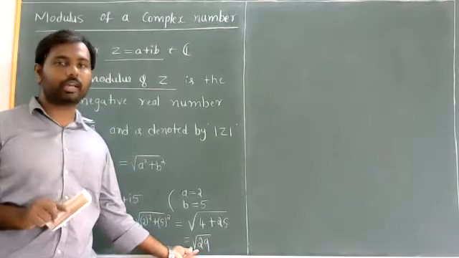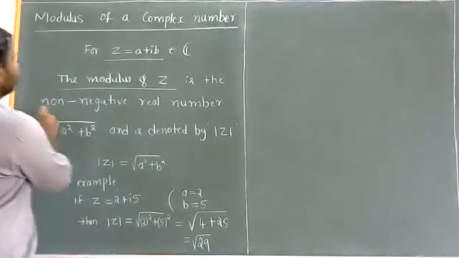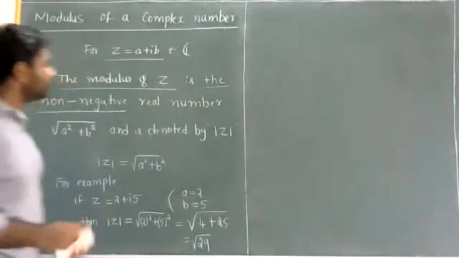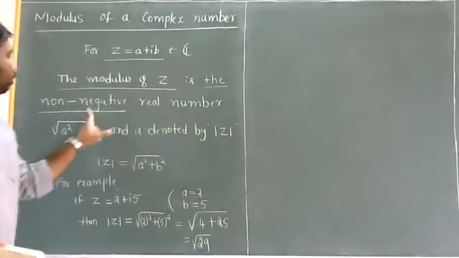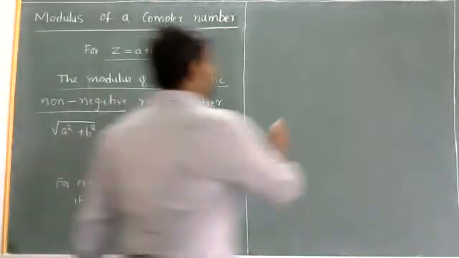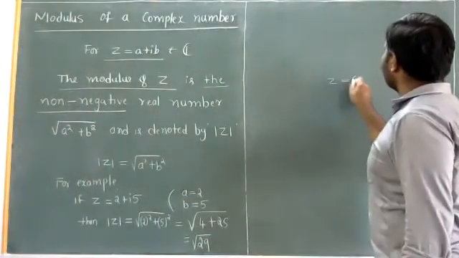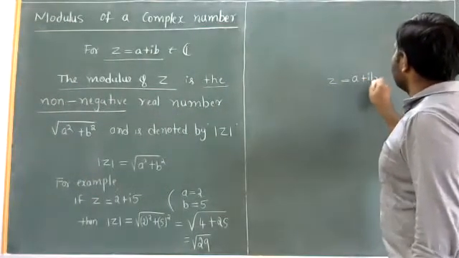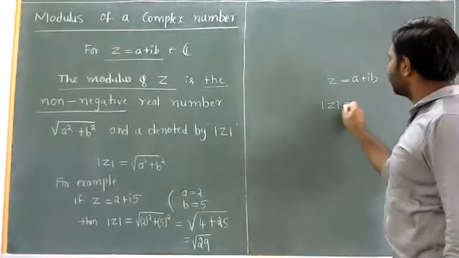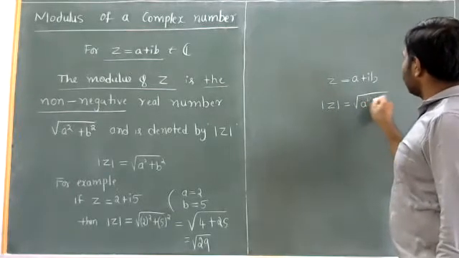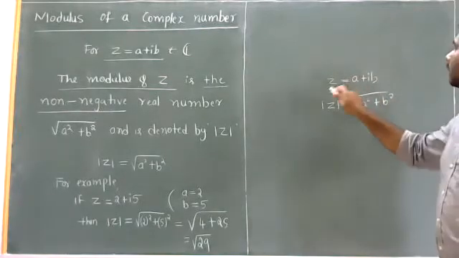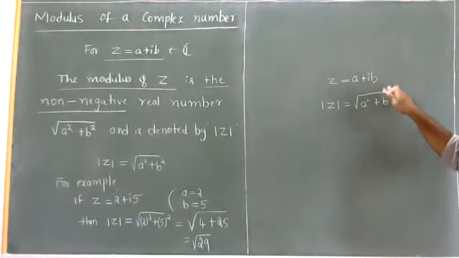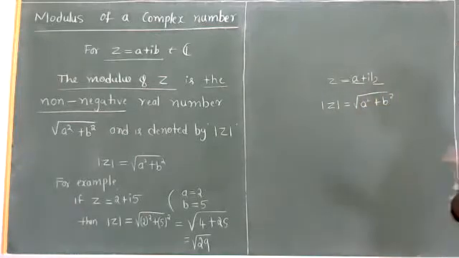Right? Once again, in the definition, we say this is a non-negative real number. Because for a given complex number a plus ib, we have defined the modulus of z as square root of a square plus b square. In the complex number z equal to a plus ib, a and b are real numbers.